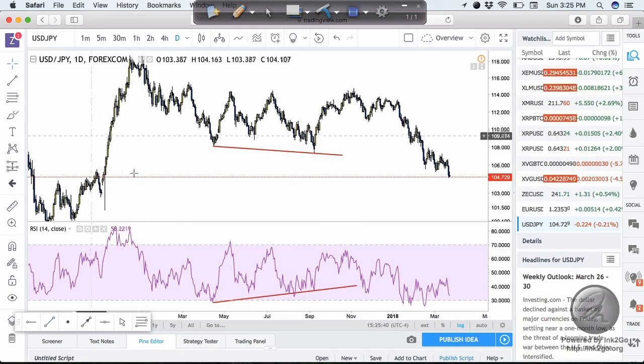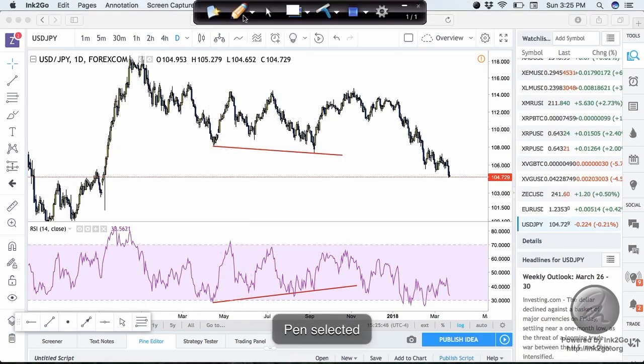Now this gives us a great opportunity for a trade if you're paying close attention. I've studied divergence and can spot it pretty easily.